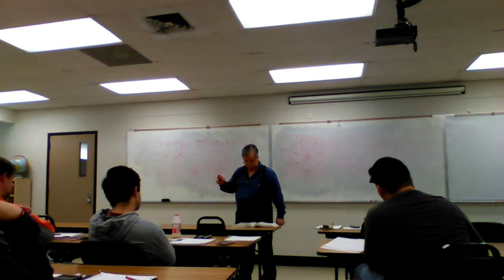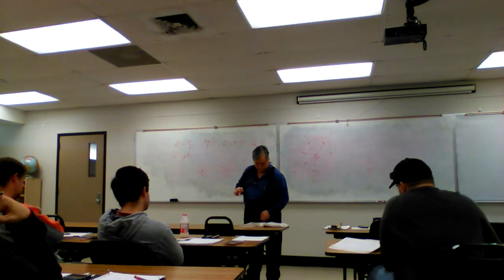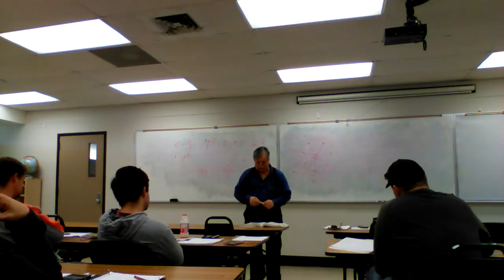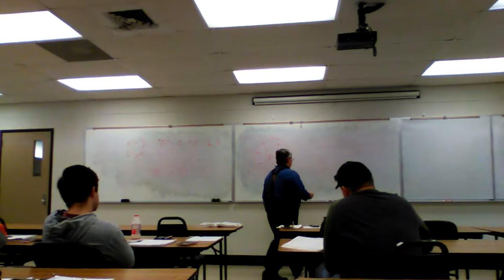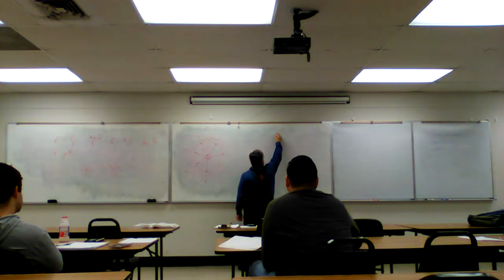Now, here's an example they give you in the book of two parallel plates. And they make the point of shielding. You start with a parallel plate here and put a hollow conductive box in the middle.